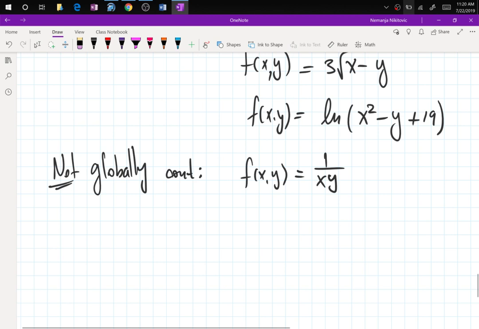Now, again, it's not globally continuous. Now, if you take a look at your Plot3D for, let's go, Plot3D, z equals square root of, and what did we have, x minus y?